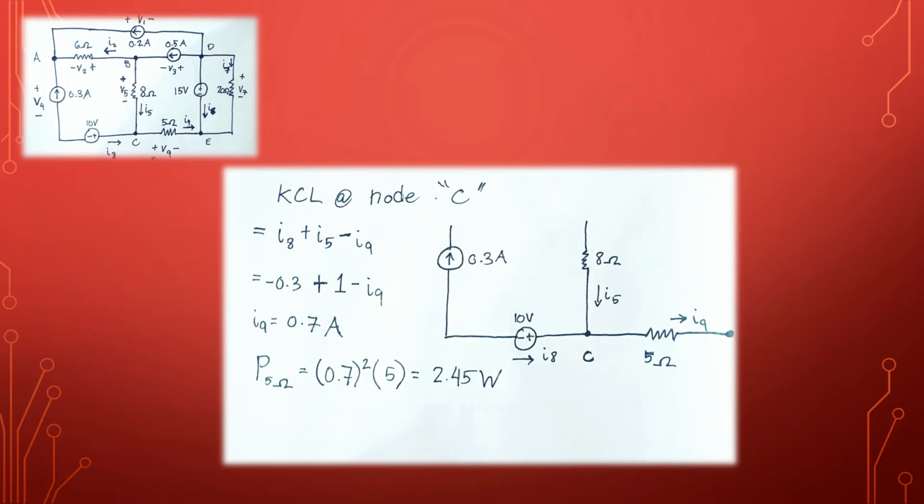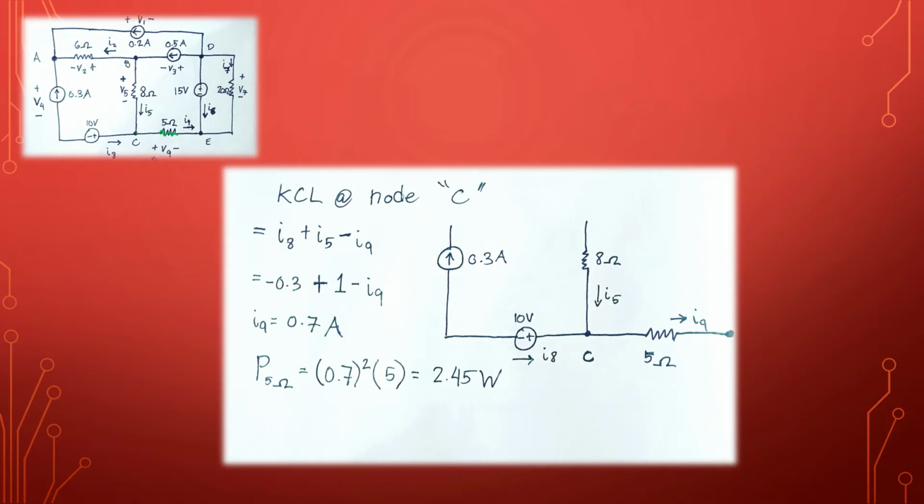Next, we find the power being drawn by this resistor right here, and we are going to do that by performing KCL on node C. Here is a zoomed in picture.